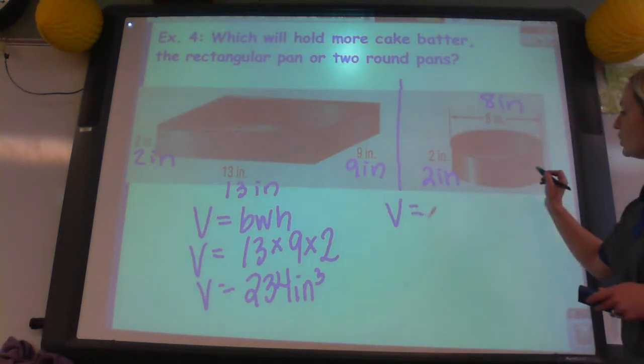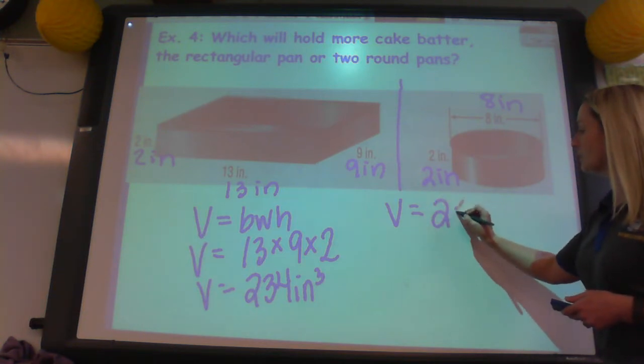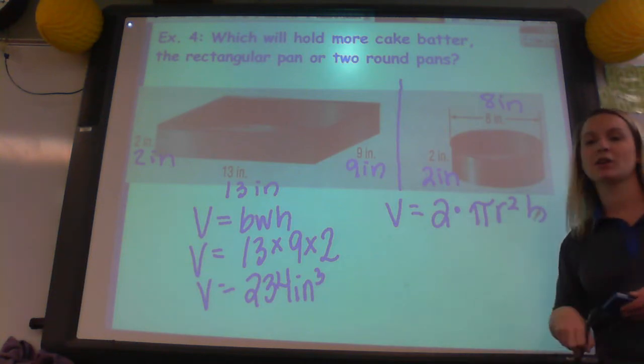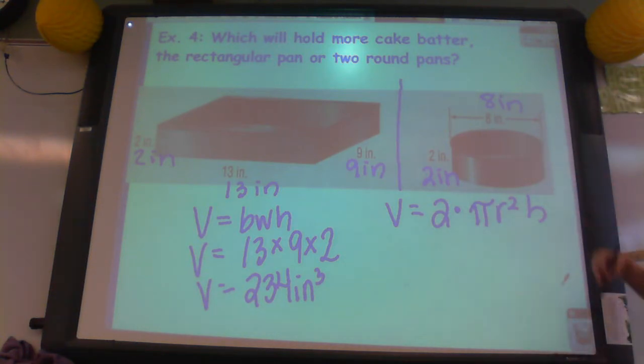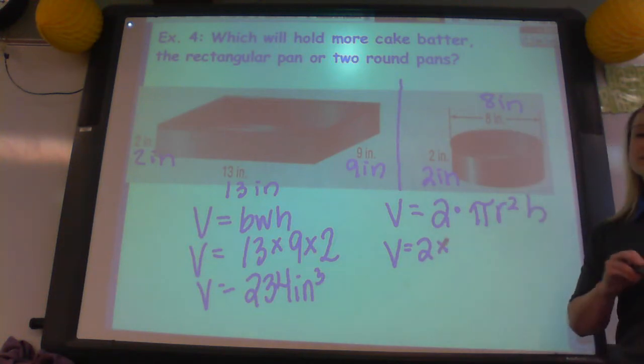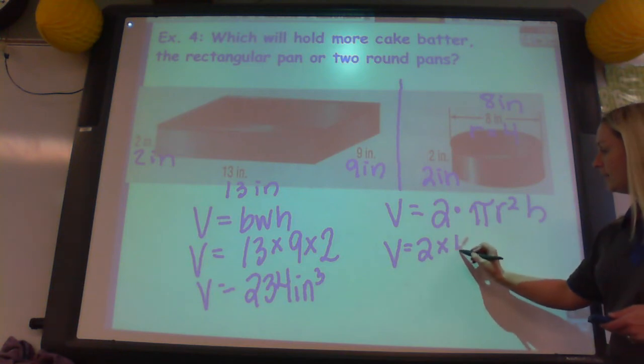And then since it says 2 round pans, or 2 cylindrical pans, I'm just going to multiply my whole volume formula times 2 in the very beginning to double that, so I have 2 cake pans. And then if the diameter is 8, cut that in half, the radius is 4.